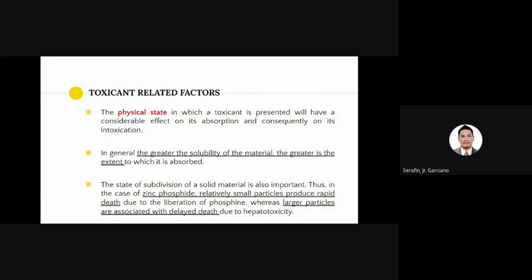The gas results in direct GI tract irritation, along with cardiovascular collapse. With small particles, the liver is not needed for toxicity to occur, whereas with large particles, death may be delayed due to hepatotoxicity, since it will pass to the liver.